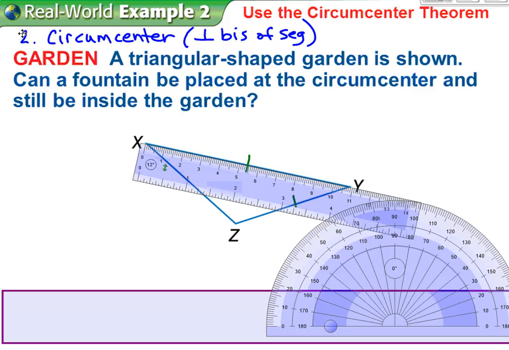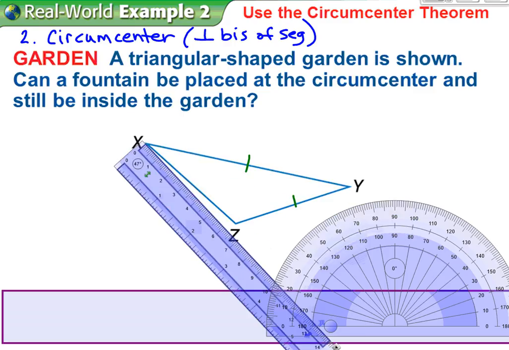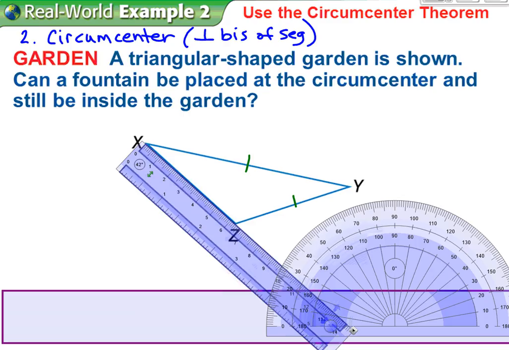Find that midpoint, and then do the same thing for XZ. Mine's about 6.4, so that's about 3.2. It's just a little less than that.